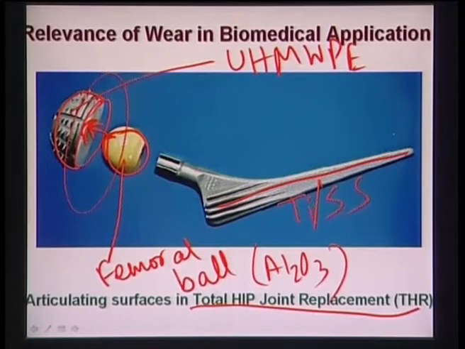That is the reason whenever you want to replace this ball material and this ultra high molecular weight polyethylene cup, you must do a wear test in a simulated body fluid environment before you can approve that this material will have a longer life or better biocompatibility property. As I said in the beginning, biocompatibility is a broad term.